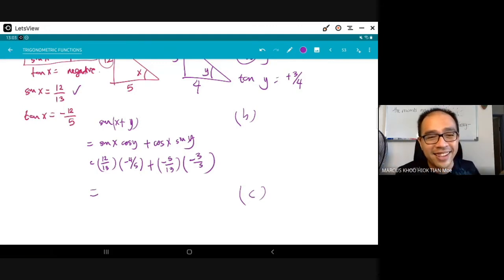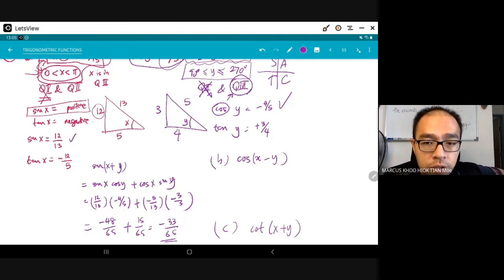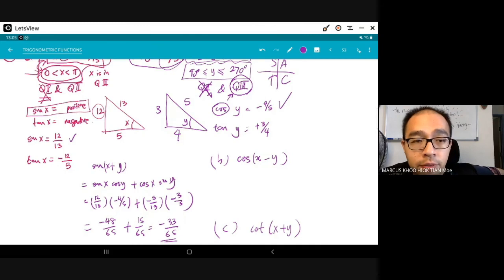Tell me the answer for A, then for B and for C. Use the addition formula to help you. The first one is negative 33 over 65, which is fine. It can be in decimal form, but since most of our answers are already in fractions, we can leave it as a fraction.